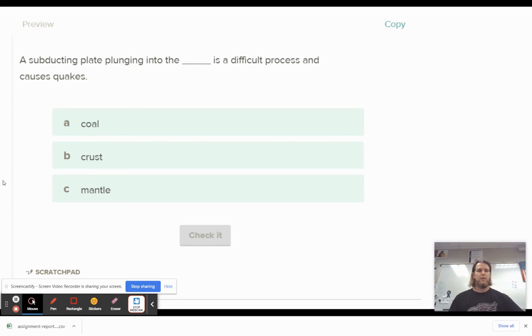It's poorly worded, so that's why I wanted to talk about it. But the subducting plate will go down into the mantle. It's not just the crust, the crust is what's being subducted. So the plate is the crust. The lithospheric plate is considered the crust. And it is diving down into the mantle, and as it moves down into there, it will cause earthquakes.